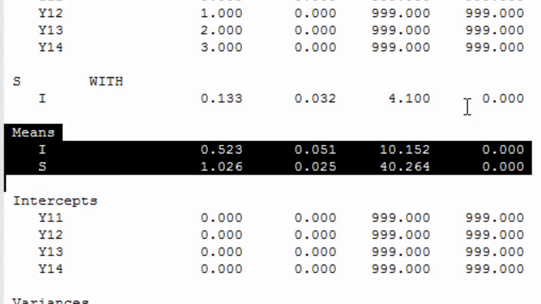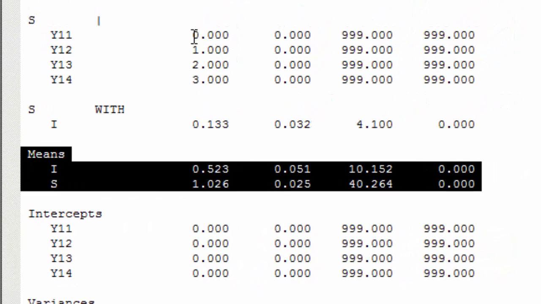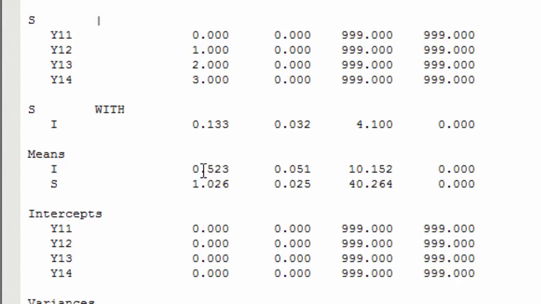Here we have the means for the intercept and the slope factor. So the mean of the intercept tells us the expected value given a linear model for these data when slope is 0. So that's here at the baseline. And this mean is 0.0523.